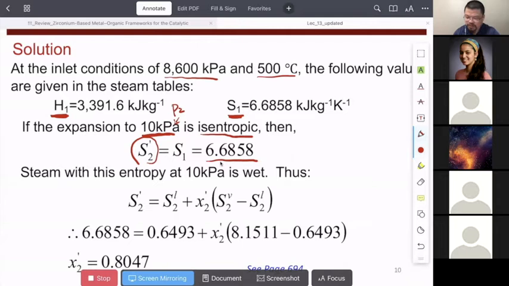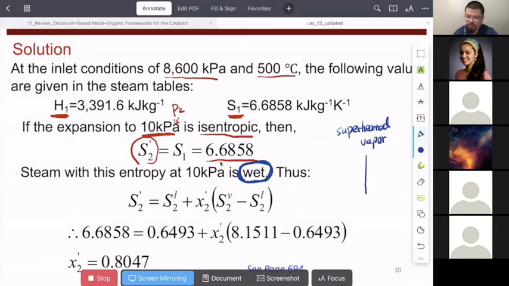And here comes the concept we are going to use again and again in all the problem solving. So we know the turbine inlet is almost guaranteed to be superheated vapor, pure vapor.